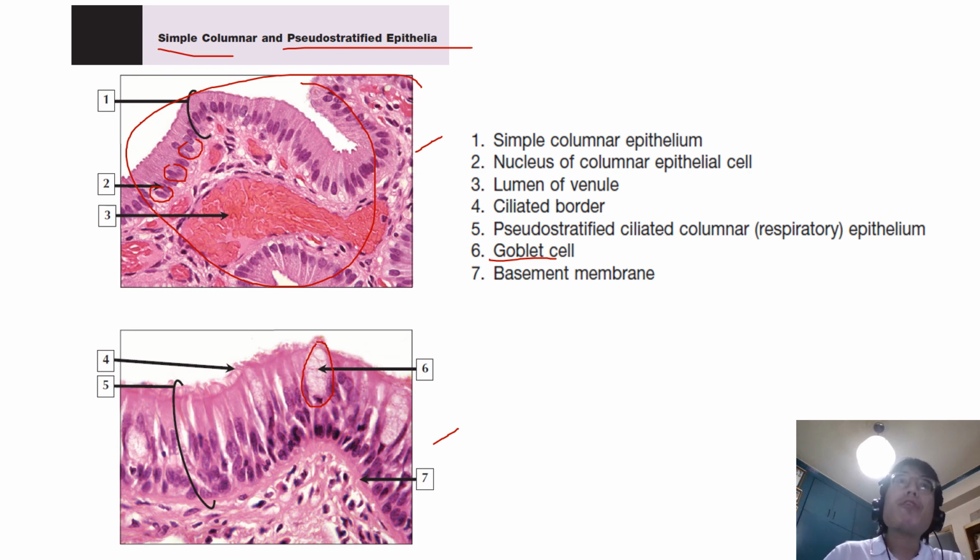The base of each cell, over here where our cursor is, rests on a basement membrane, and the apical surface, which is over here, contacts a lumen. The nucleus is ovoid in shape and is centrally or basally placed. The epithelium is mainly found in sites engaged in protection of wet surfaces, absorption of nutrients, and secretion.